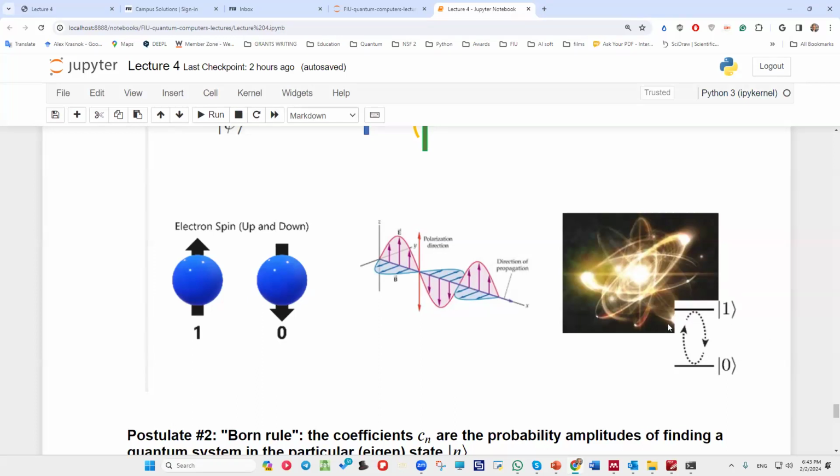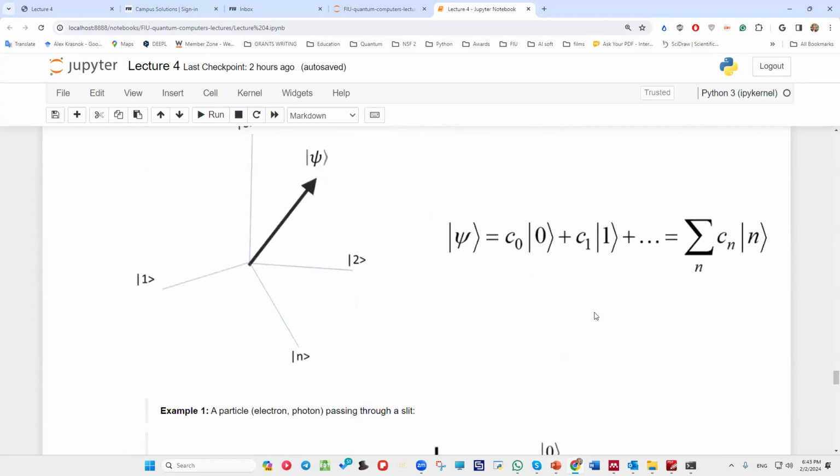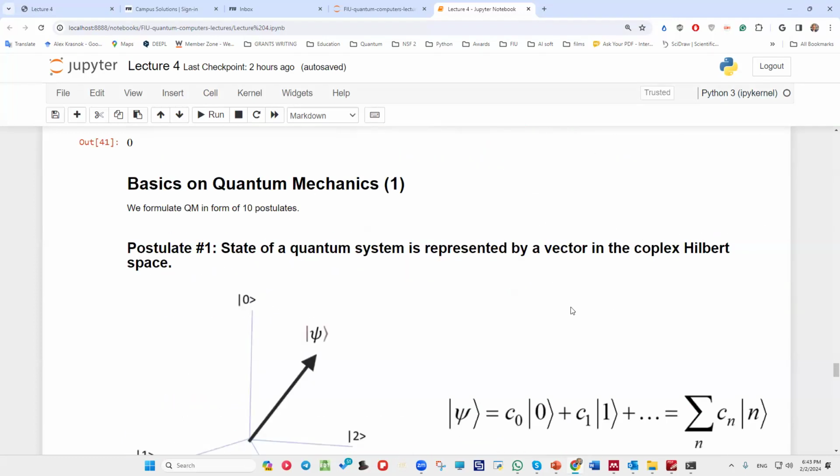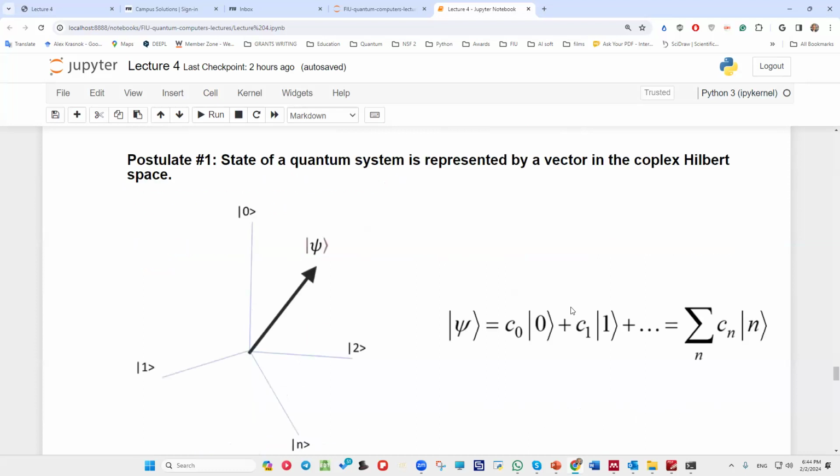Okay, it's like a combination of the two states. However, when I measure the atom, I can find it either in state 0 or state 1, but no other options. So just two options for the experiment. So this is postulate number 1. The quantum state is represented by a vector in a complex Hilbert space.